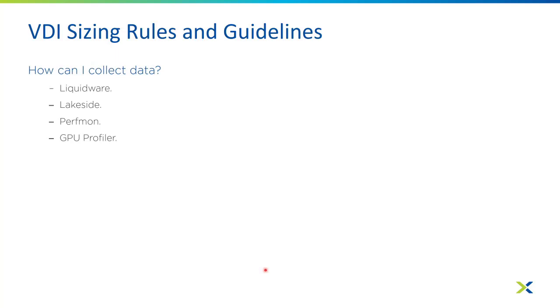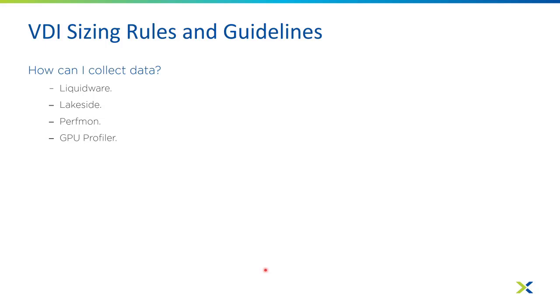Some of the data we need to collect can be done with our own tools, such as Collector, and RVTools, for example. That's more around the infrastructure. So that's going to tell you what sort of machines you need to be able to run a virtual desktop. But it doesn't say what that actual desktop is doing.